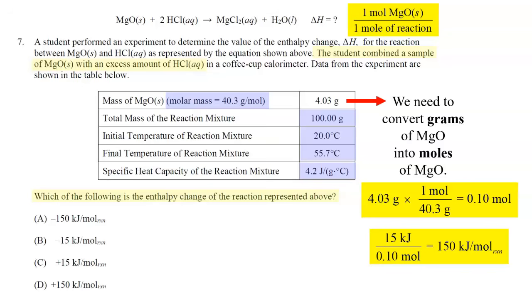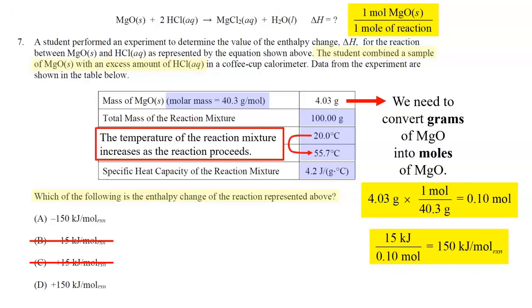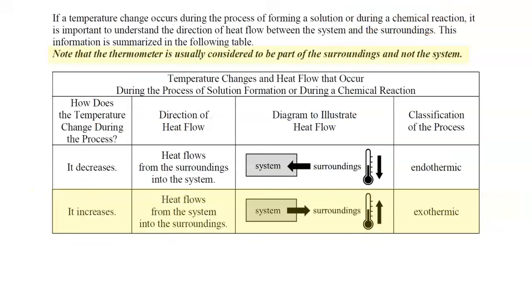Let me go ahead and eliminate choices B and C. Now that we know that the correct answer is either A or D, 150 kilojoules per mole of reaction, we have to consider what happened to the temperature as this reaction proceeded. So the temperature of the reaction mixture increases as the reaction proceeds.